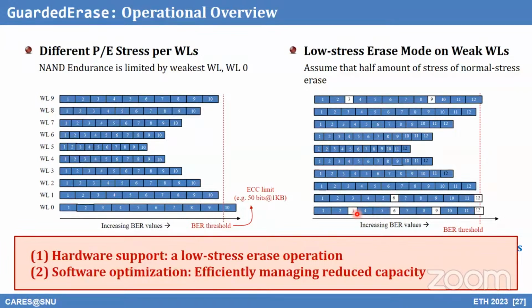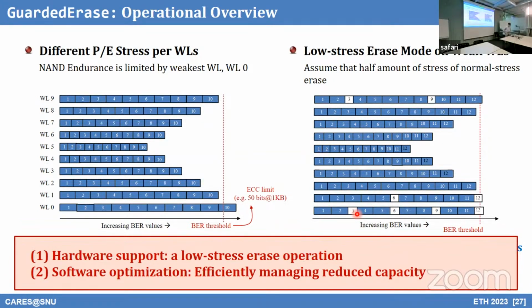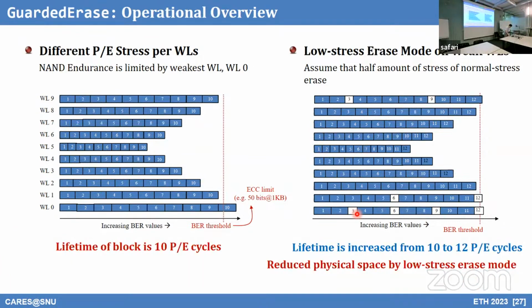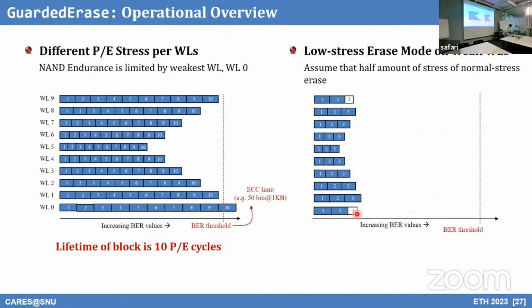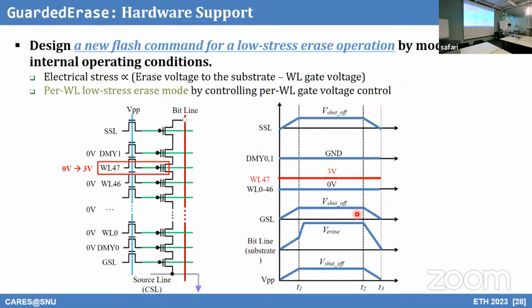Background question related to that. Does the erase harm, the increase in bit error rate values, depend on what you have stored in the cells, or is it independent? Let me further explain on your first question. Actually, we apply 3 volt here.